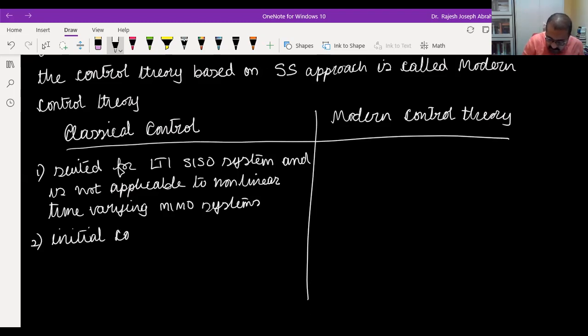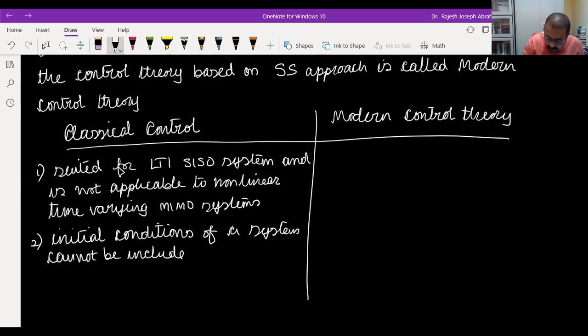Initial conditions of a system cannot be included in analysis and design. Because that's evident from the definition of the transfer function itself, the ratio of Laplace transform of output to Laplace transform of input when all initial conditions are zero.